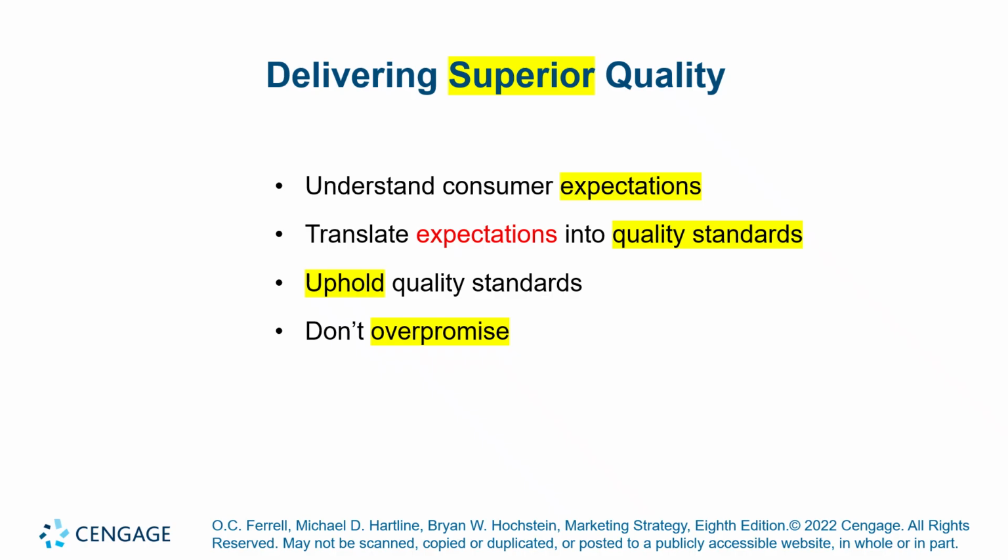Then you translate those expectations into quality standards that you demand of your own people, your own product, your own production. You produce according to those standards, and then you uphold quality standards all the time.